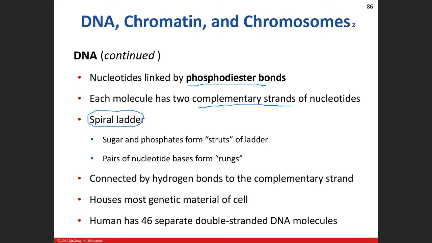And if you know anything about a ladder, you have struts and rungs. Rungs are the things that go horizontal. And so when we pair up these nucleotides, the bases here, they form the rungs. And then the remaining part of these molecules are going to be the sugar and the phosphates, and those create what we call the struts, the side to side.